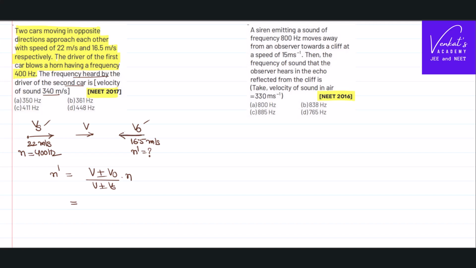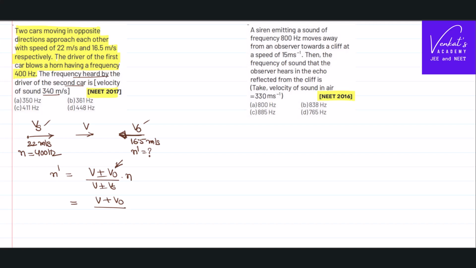Look at the observer. Observer is approaching the source. As the observer is approaching the source, because of the motion of the observer, apparent frequency will be more. So because of the observer, apparent frequency has to increase. If it has to increase, being the observer term is in numerator, I have to write a plus. Again, look at the source.